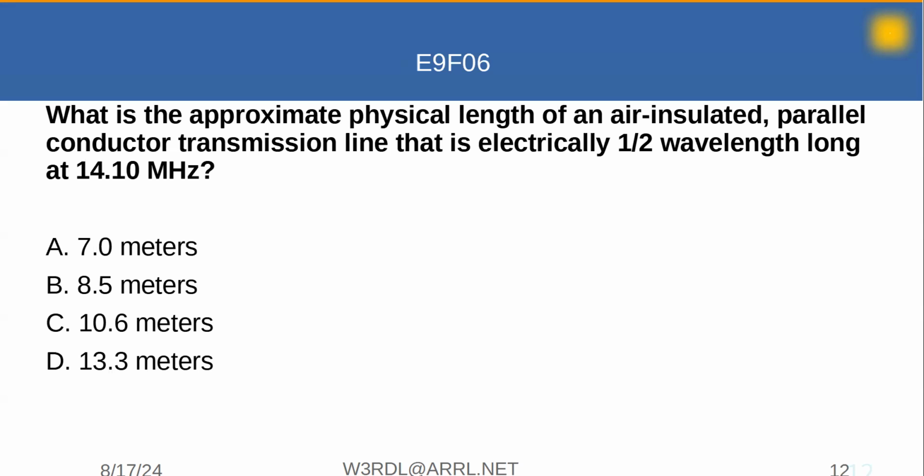So half wavelength at 14, which is 20 meters, right? So that'd be 10 meters. And if it's air insulated parallel, velocity factor was what? 0.95? Or 98%.